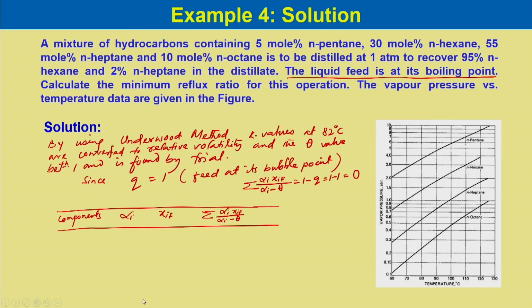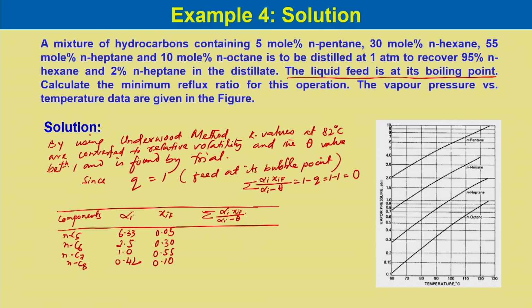So, components are NC5, NC6, NC7, NC8. Alpha values are 6.33, 2.5 for NC6, for NC7 1.0, for NC8 is 0.42. Xif is 0.05, 0.30, 0.55, 0.10.